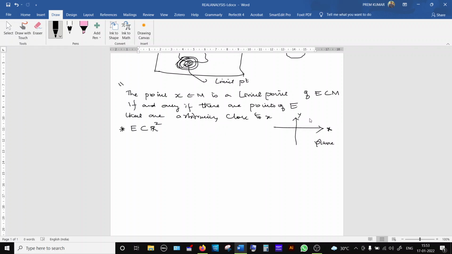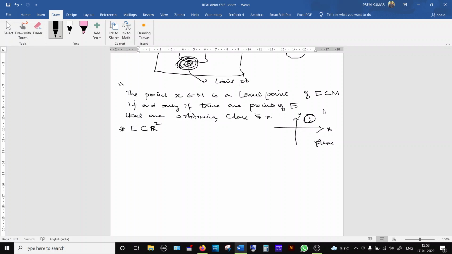Suppose this is a plane and I say that this is a limit point of a set. You just construct an open ball, it will be like this. And E is a set.